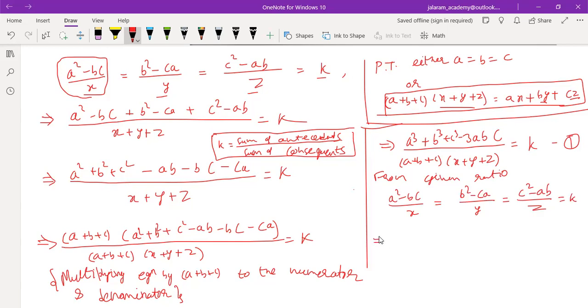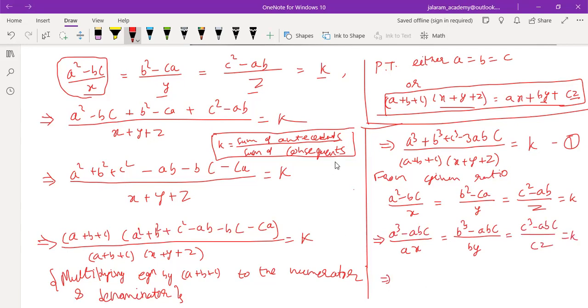To bring ax, multiply the numerator and denominator of the first with a: it is (a²·a − bc·a), that is (a³ − abc)/ax, equals, multiply the second with b: (b³ − abc)/by, equals, multiply the third, c² − ab, with c, so (c³ − abc)/cz equals k.